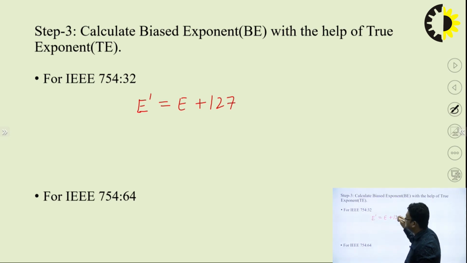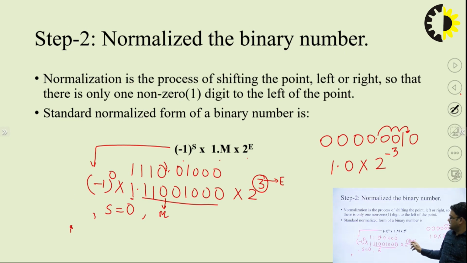In case of 64-bit representation, the biased component becomes the true, actual exponent plus 1023.